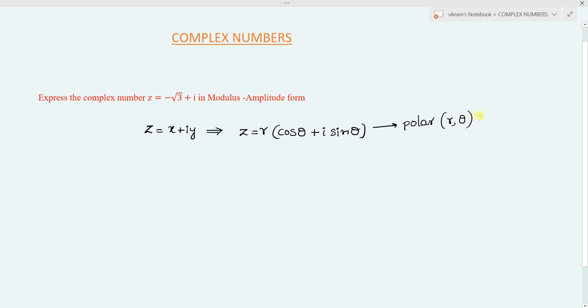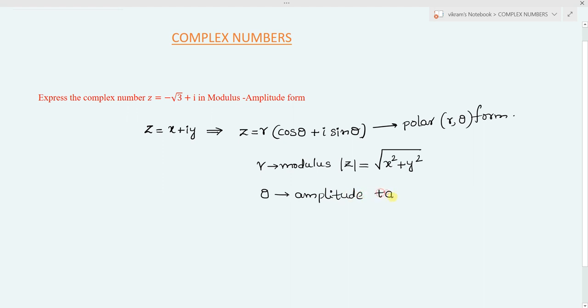Here r is nothing but the modulus of the complex number, which is modulus of z, equal to the square root of x square plus y square, and theta is the amplitude or argument of the complex number, which is given by tan inverse of y by x.